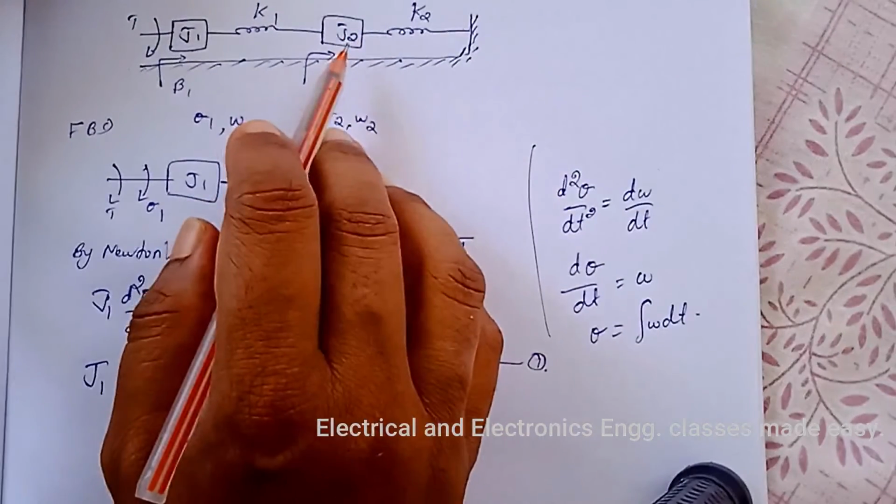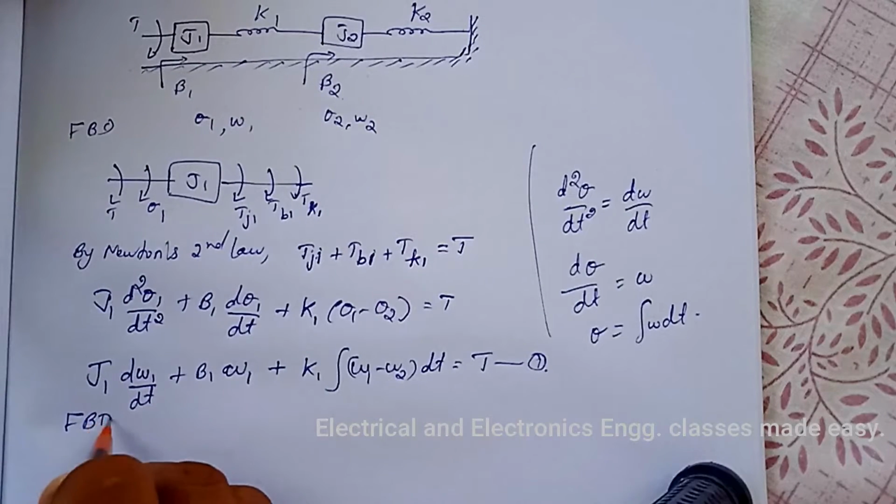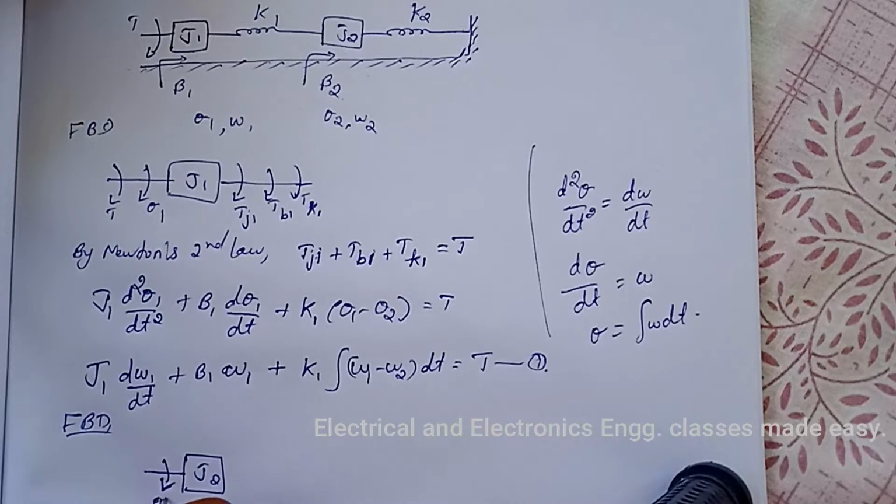Now for J2 we have to draw the free body diagram. So for J2, the angular displacement is theta 2.